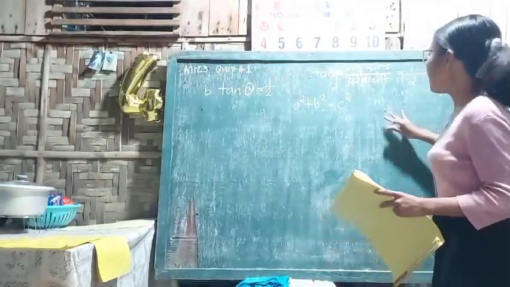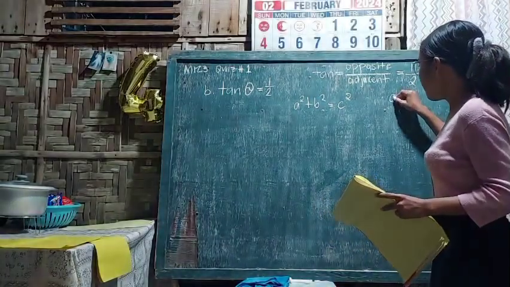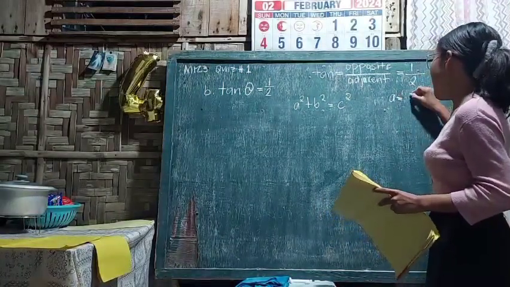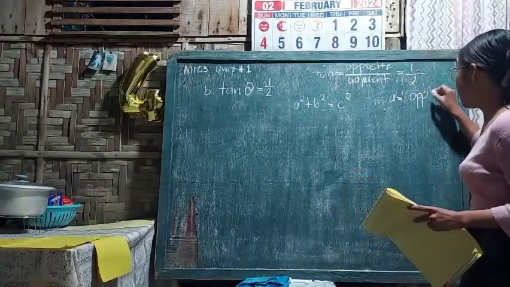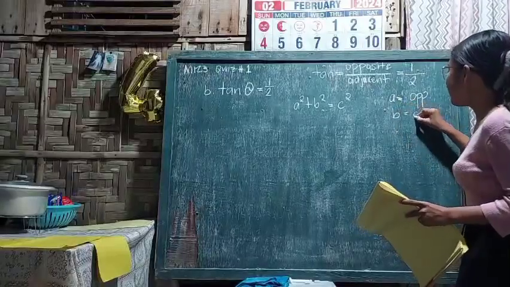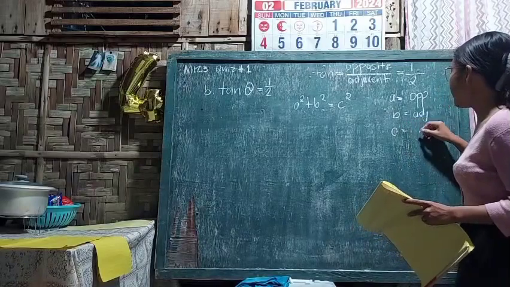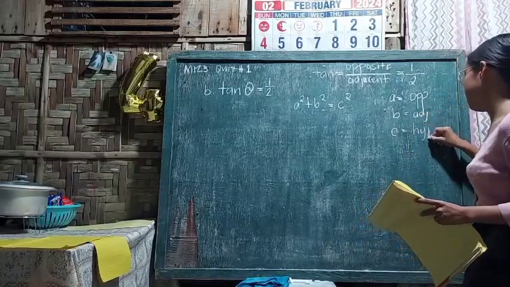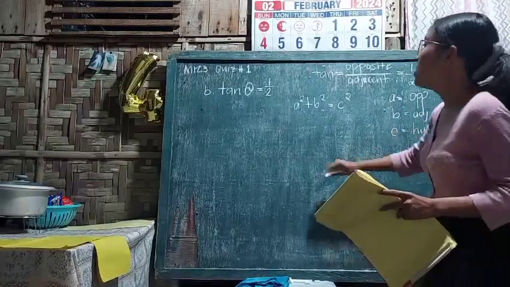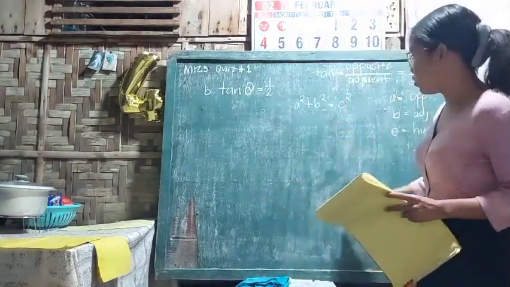Now, let a be our opposite, b our adjacent, and c be our hypotenuse. So let us now substitute our values.